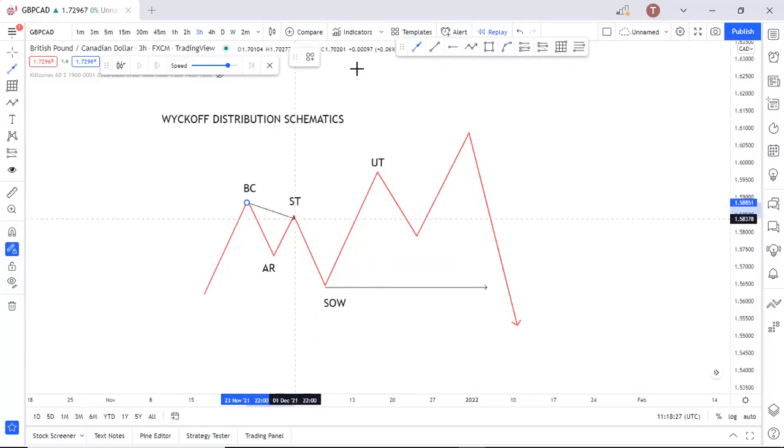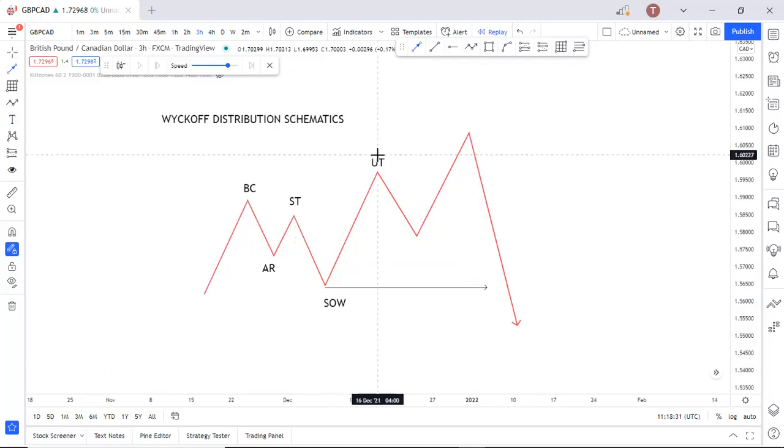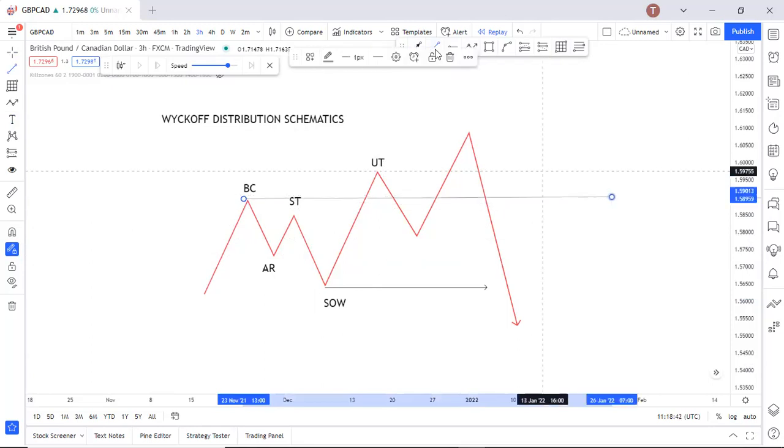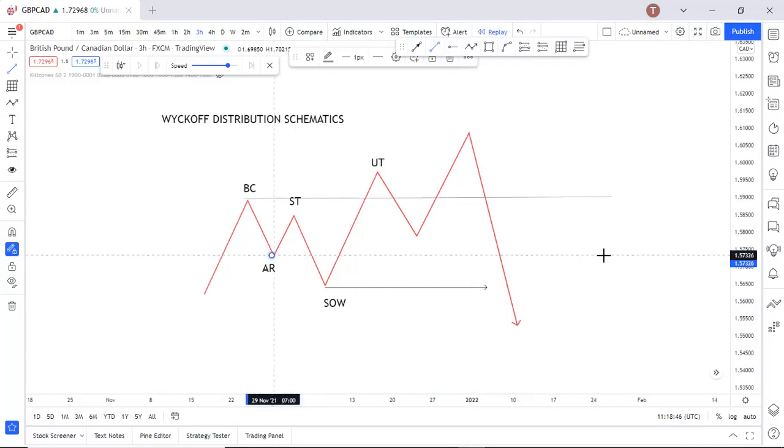After the Upthrust, price will always go back and mitigate at least 50% of our trading range. Our trading range is between the buying climax and the automatic rally.